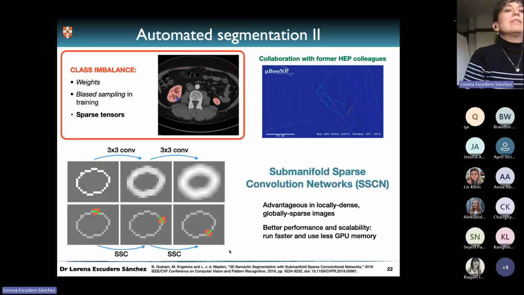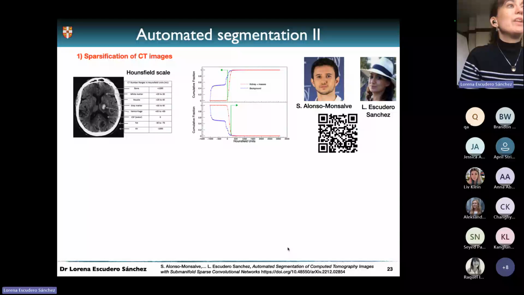So we want to avoid that. We want to keep the sparsity of the original image. And this is advantageous because it gives us better performance and scalability. So you are avoiding multiplying a lot of zeros at the end. This is at the end of the day what you are doing. So by implementing this, you can have things that run faster and use less GPU memory.